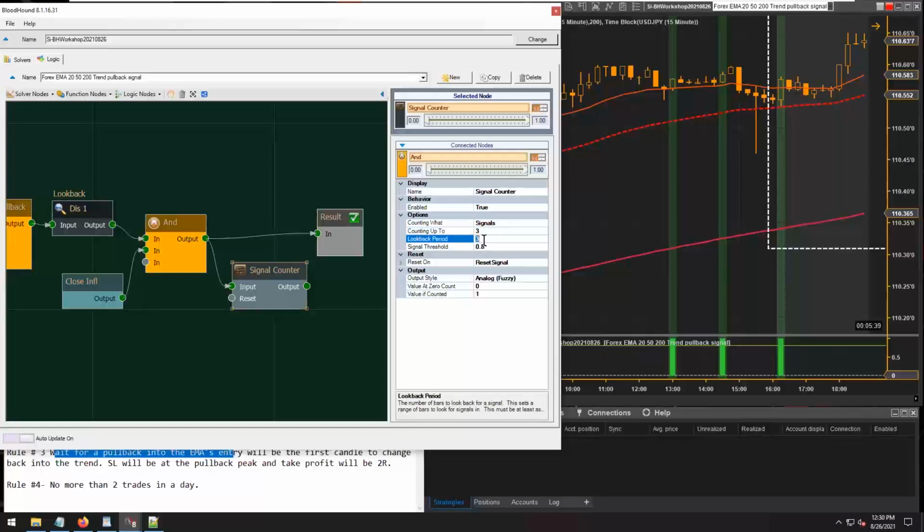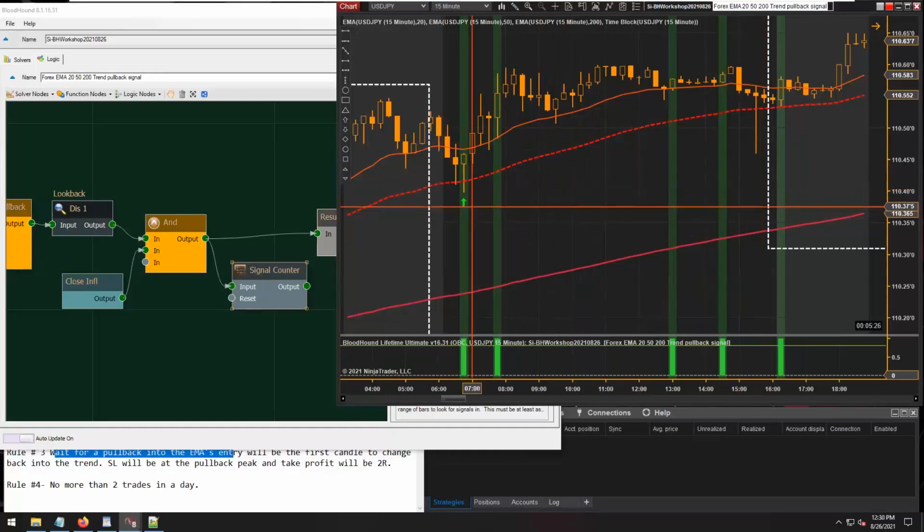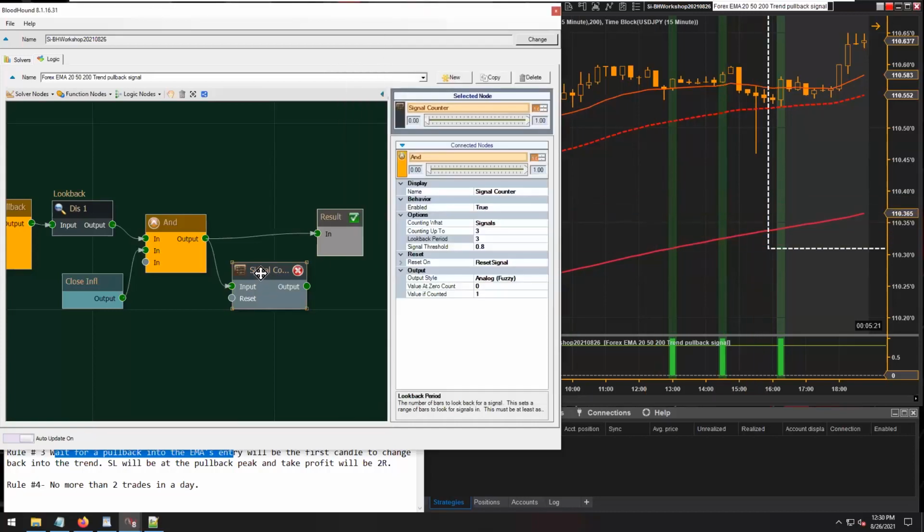Let's see, our look back period. We know that with 15-minute bars, there are up to 40 bars during this trading period. I think it's safe if we set the look back to 39, just 1 bar short.